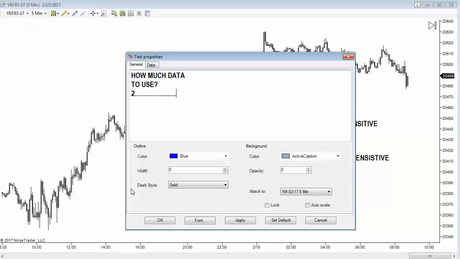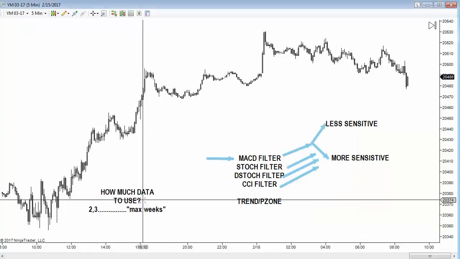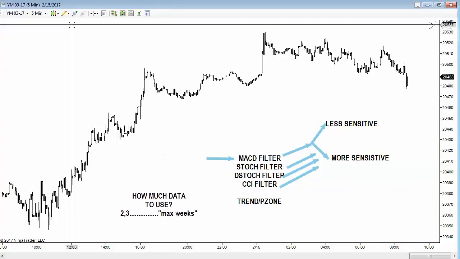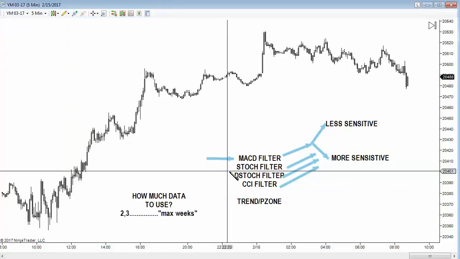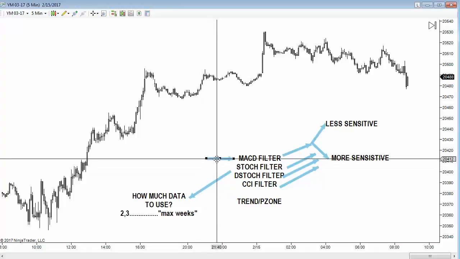But generally speaking, if you're using 2 or max 3 weeks of historical data in your max weeks parameter, you should be in the ballpark and close enough to get to your too good to be true chart. So that is an option that you can always employ. You can always change the number of weeks that you're looking back in the study.